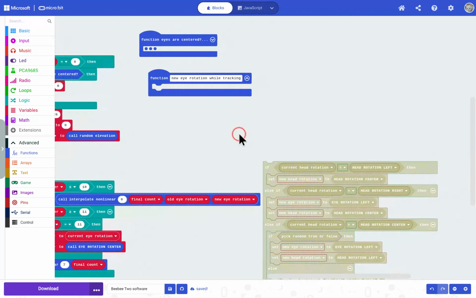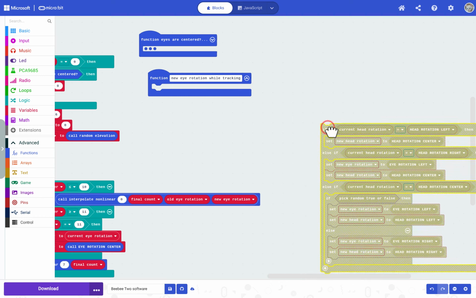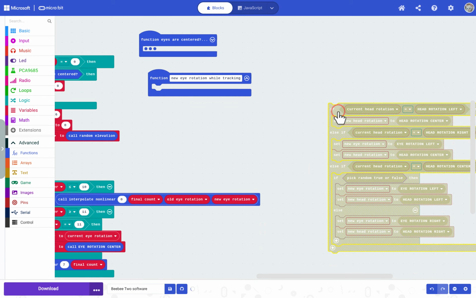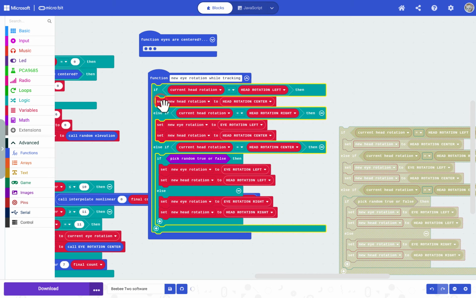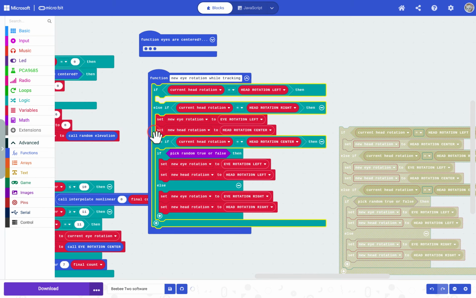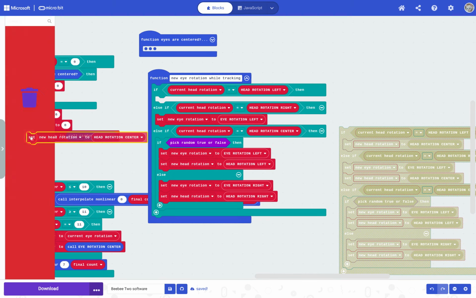And this is based on this logic here. So let's go ahead and duplicate this, and let's take out anything that's not head rotation, not eye rotation.